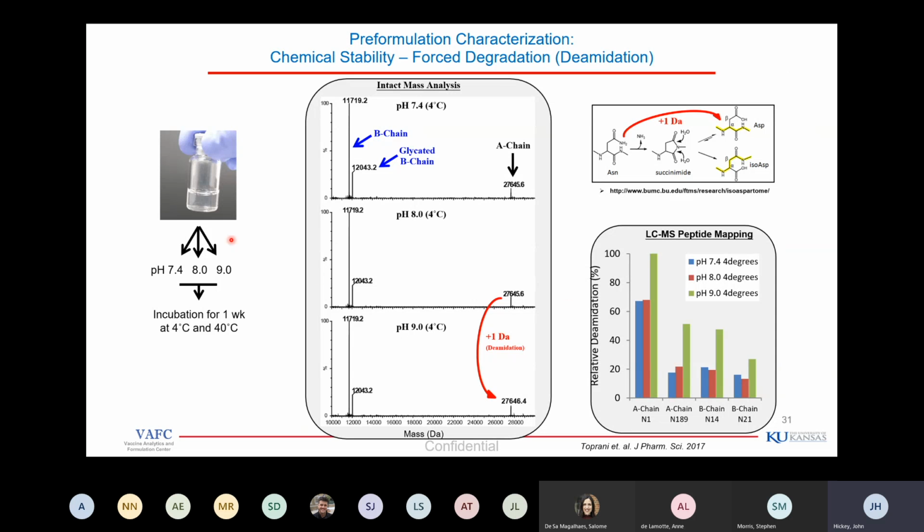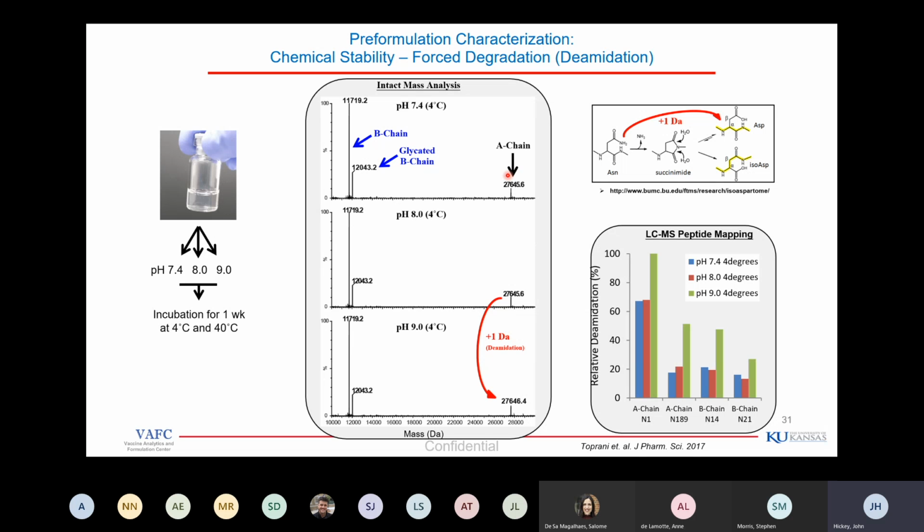In this slide, we incubated the sample at 3 different pHs at 2 temperatures for a week to try to induce deamidation, to see if it's susceptible, and if it is, what residues are susceptible. I'm showing intact mass here, where we're looking at the mass of the B chain, the glycated B chain, which I'll come back to in a minute, and then the A chain.